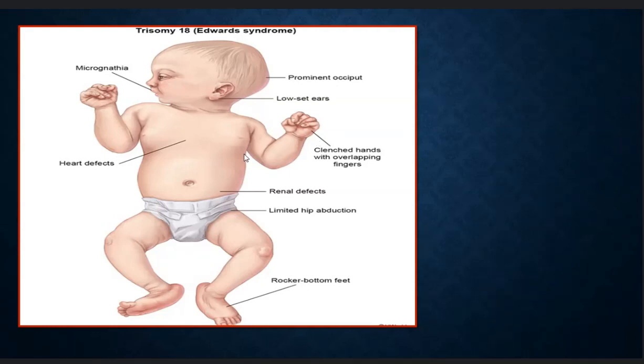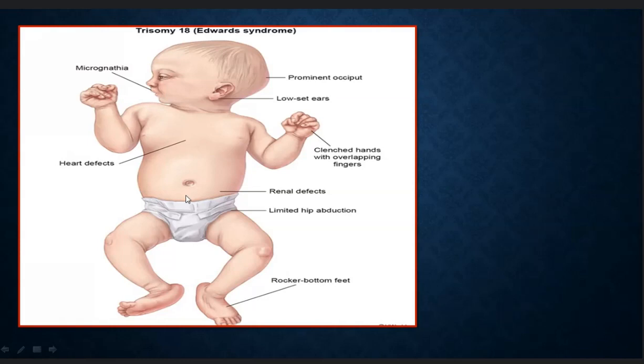If you go to the abdomen, they have umbilical hernia, and sometimes they may have omphalocele, where part of the intestine is outside the abdominal cavity, and sometimes there are viscera with it, liver or spleen. In the hip, there is limited hip abduction.